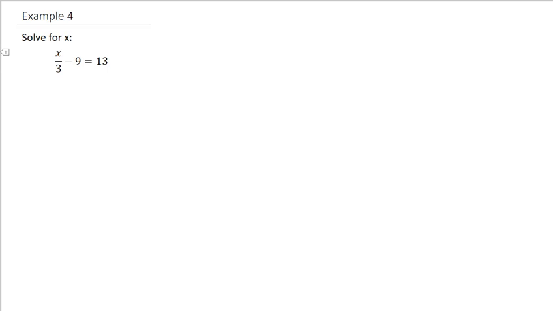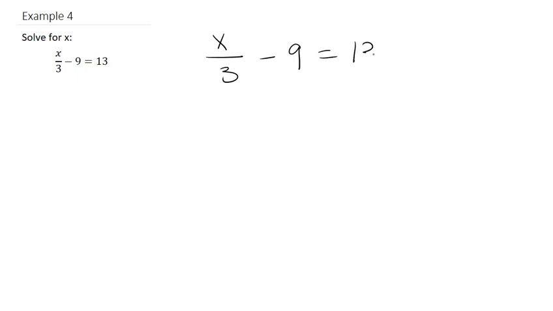Example 4. Solve for x. X over 3 minus 9 is equal to 13. So let's go ahead and rewrite this. Now our first step is to add or subtract before we multiply or divide when solving. So we're going to look at this minus 9, and we're going to add to both sides, because whatever we do to one side, we do to the other.